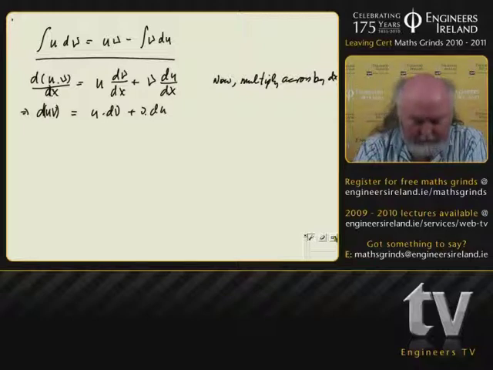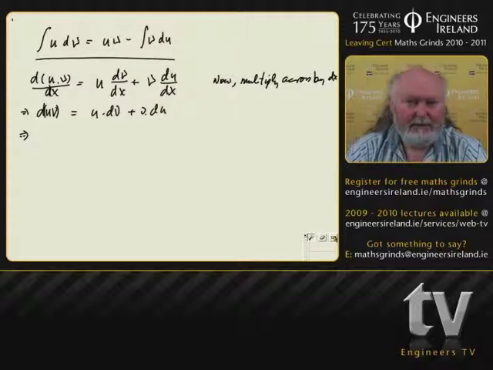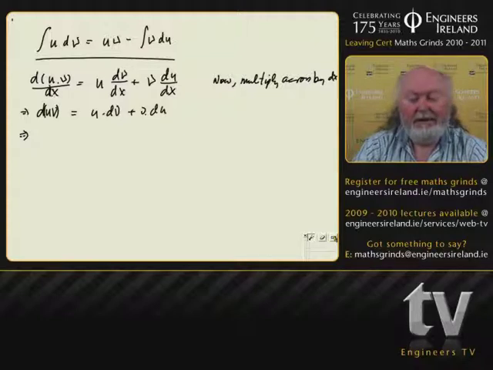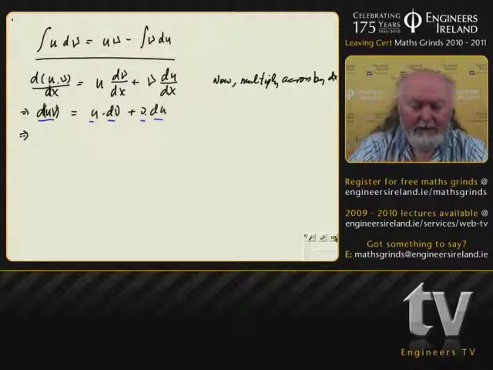And now we can say, remember, by the way, when you have got du's, that basically means a little bit, an infinitesimally small piece of something. So we're saying that the infinitesimally small piece of the product uv is equal to the u function by the small piece of the v function plus the v function by a small piece of the u function.